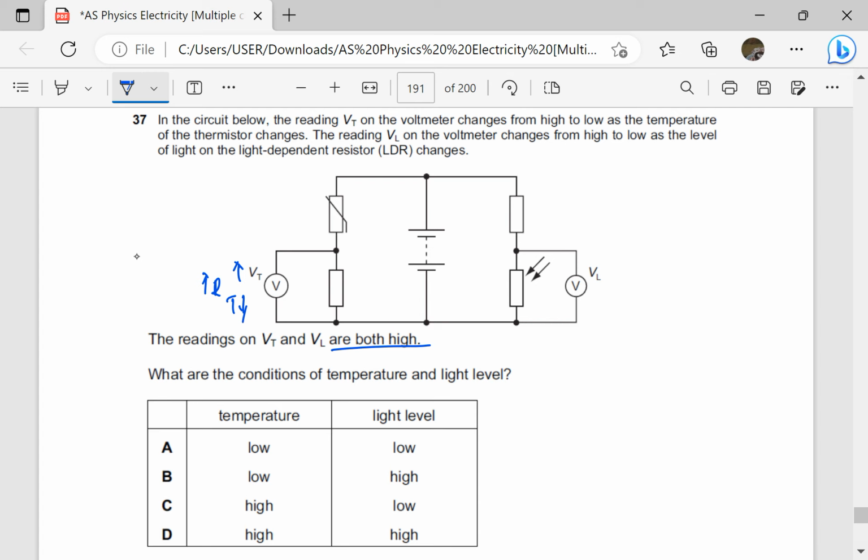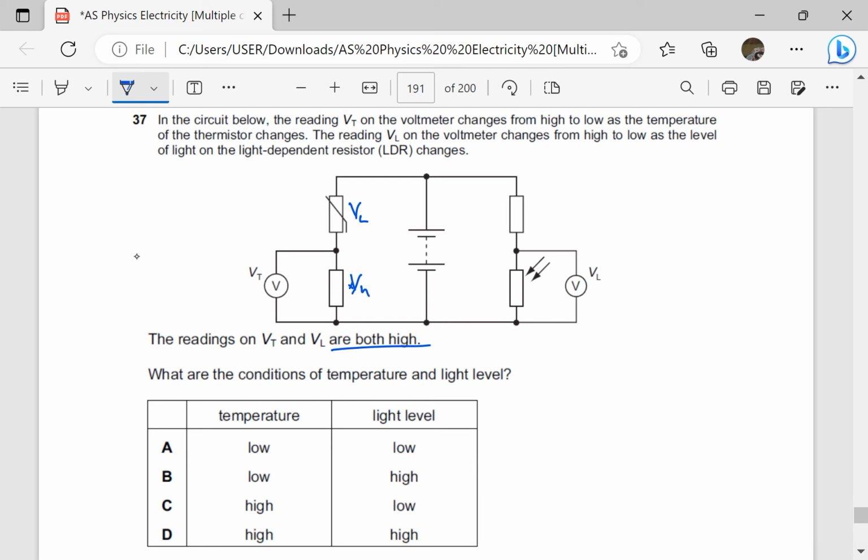VT is measured across the fixed resistor, so we shall change this analysis here. If VT is high, it means the PD here is high, but remember this is a fixed resistor. If V here is high, then V there should be low.